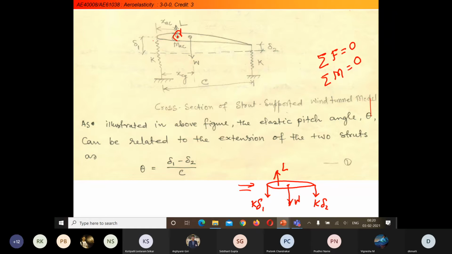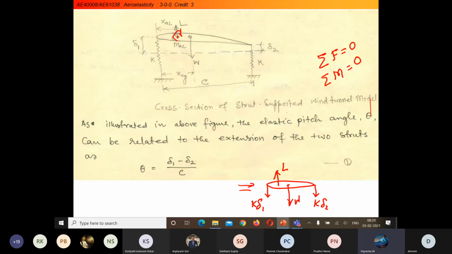The leading edge will have delta 1 and the trailing edge will have delta 2 deformation in the upward direction. It is trying to move upward, whereas the spring will give a reaction force opposite to the motion. So that is K delta 1 at the leading edge and K delta 2 at the trailing edge.